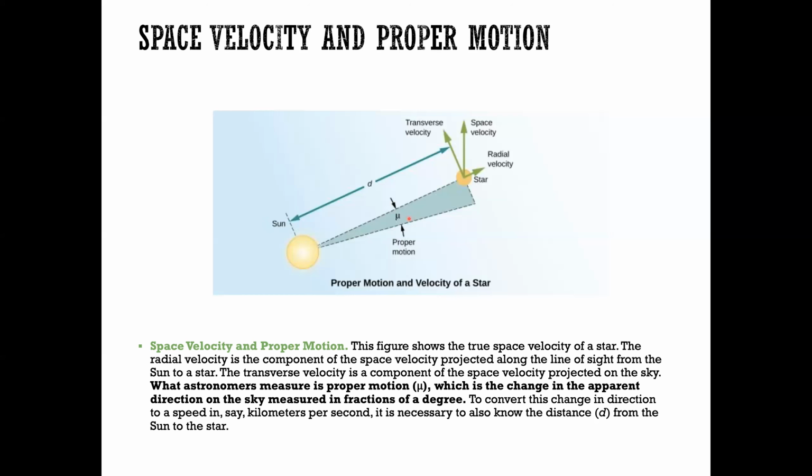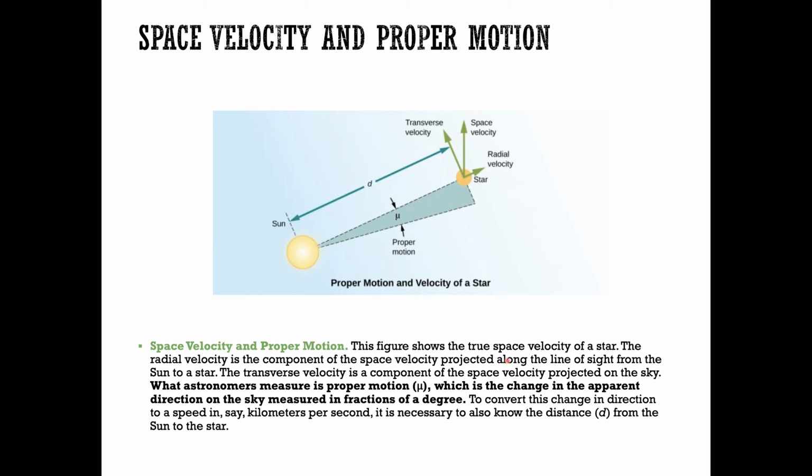And then if we can measure the distance from here to here, from the parallax method or something like that, then using this proper motion and the distance, you can calculate the transverse velocity, right? That's what I have mentioned before. So when you know the radial velocity and the transverse velocity, then you can calculate the resultant of those two vectors to find the space velocity. So that's how you do the calculation, right?